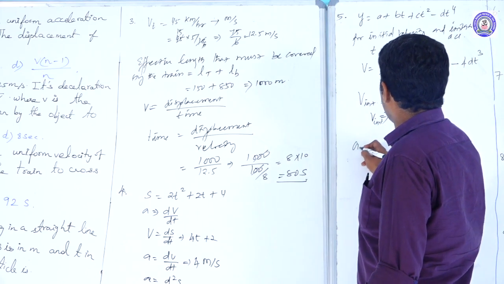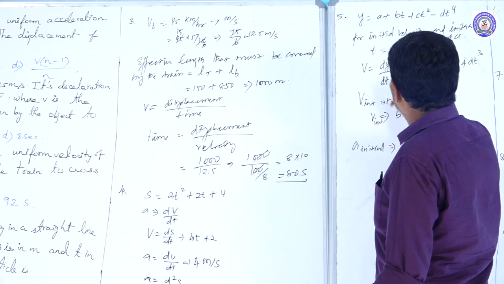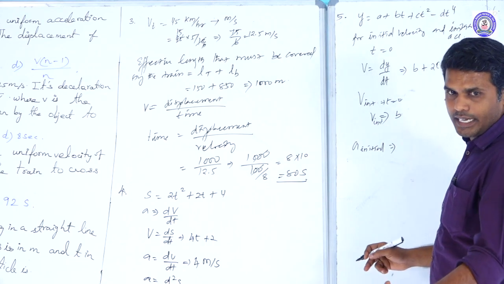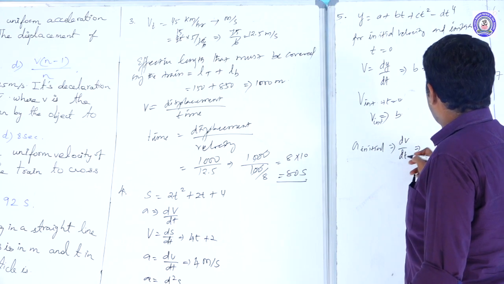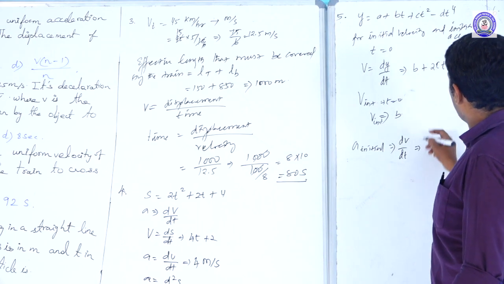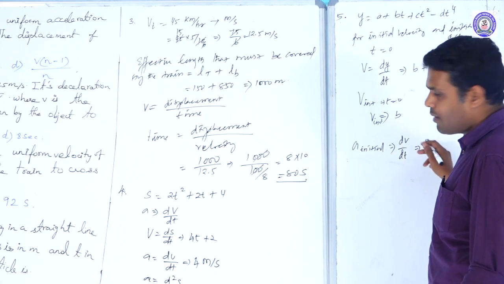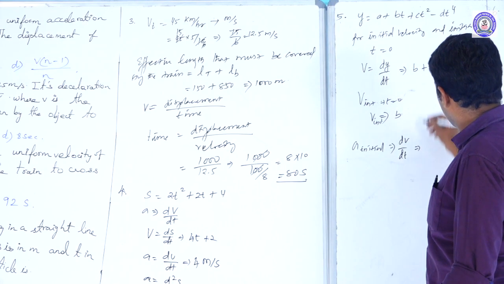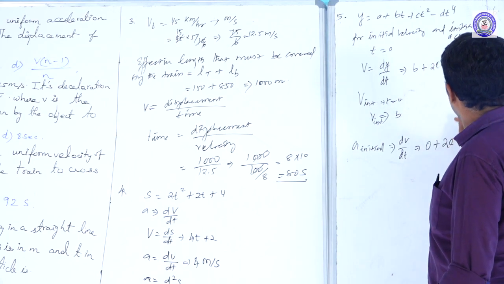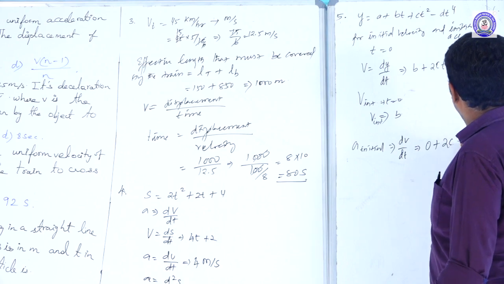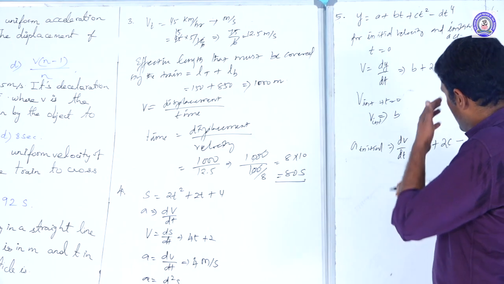Then for initial acceleration, we can differentiate the value of velocity once again, dv divided by dt. When you differentiate the constant b, it becomes 0. Plus 2c minus 12dt square.